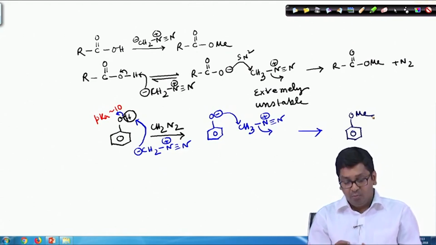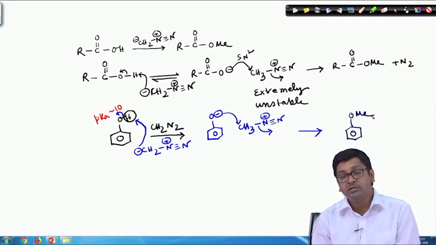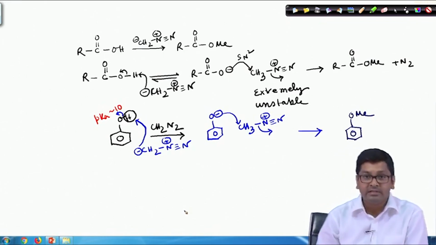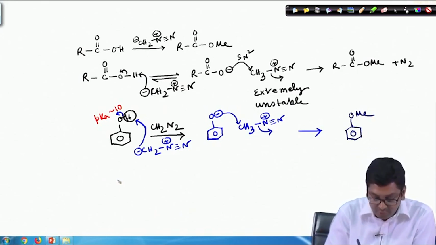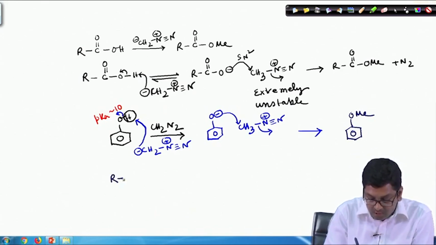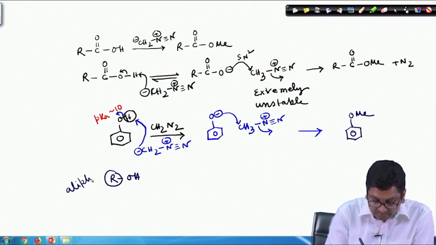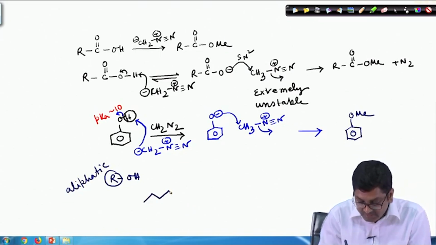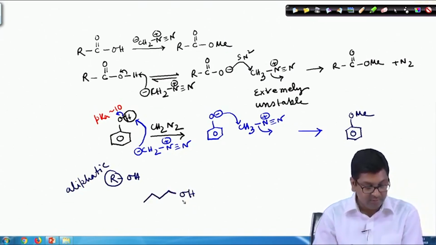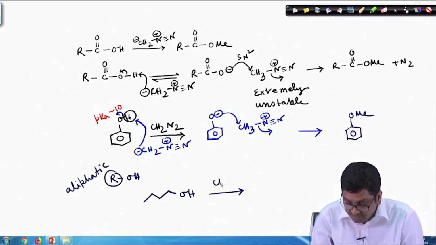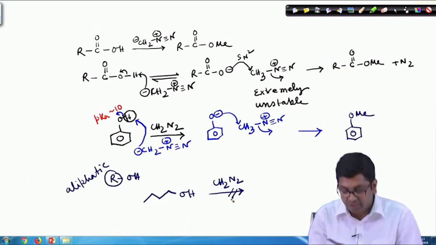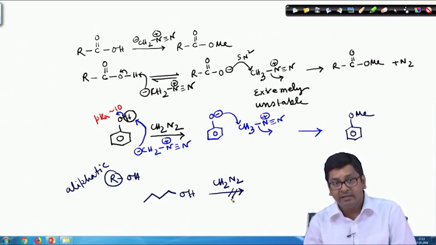But will it work if, instead of this phenolic compound, it is an aliphatic alcohol? That means, I am talking about ROH when R is aliphatic. As an example, let us say we have this alcohol and we treat it with diazomethane, will it work? But actually it does not work. Why?